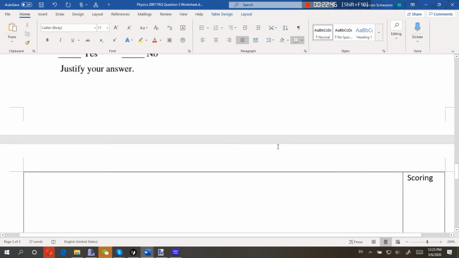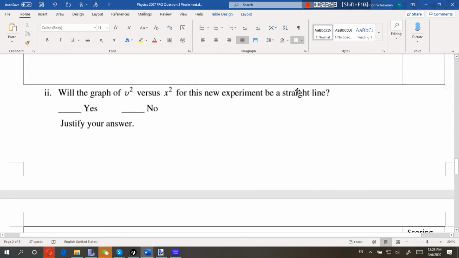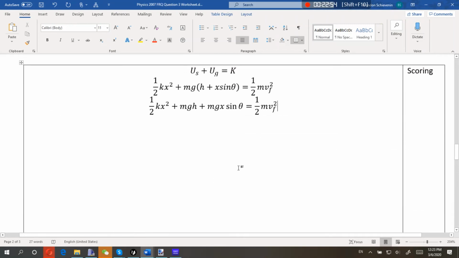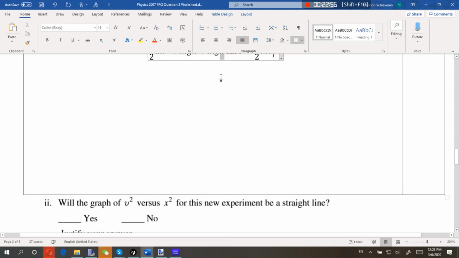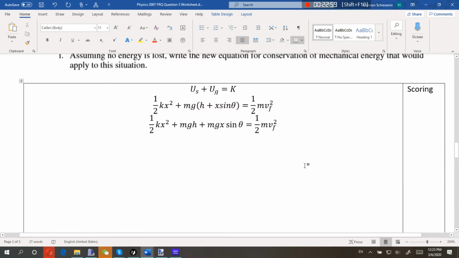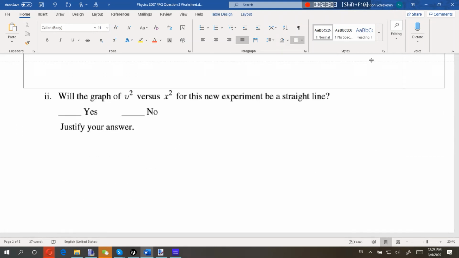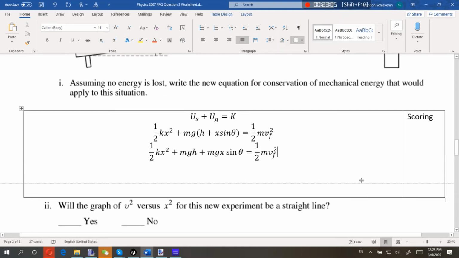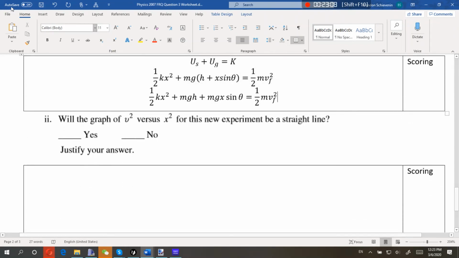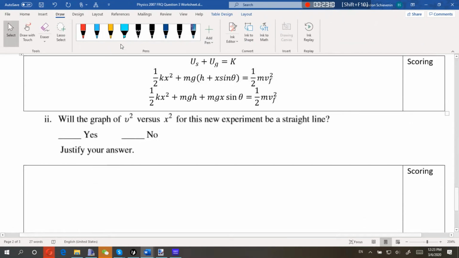Part 2. Will this graph of v squared versus x squared now be a straight line? And then justify your answer. No. Okay, you're right. Why not? Because we have x squared and x on the left side.